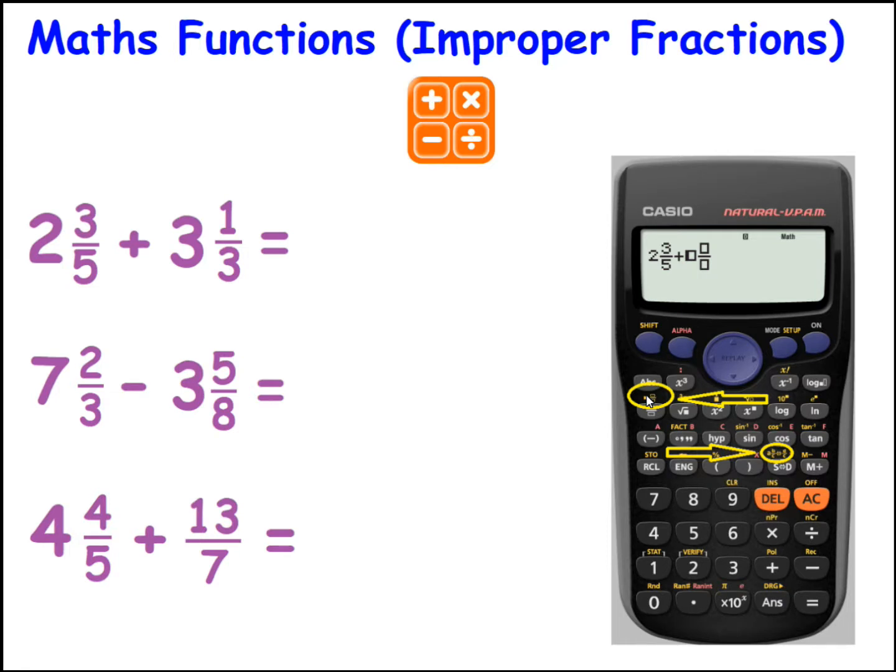Once you've got your answer, and your answer will be in a normal format as an improper fraction, to turn the improper fraction back into a mixed number, you press this button here, so the SD button, but press Shift to access the mixed number to the improper fraction button here above it. And I'll show you this on these 3 examples.